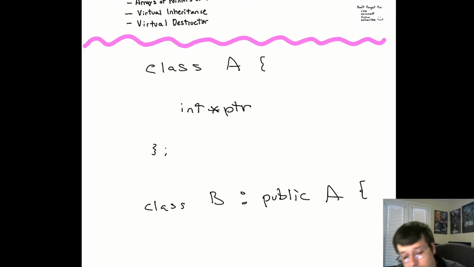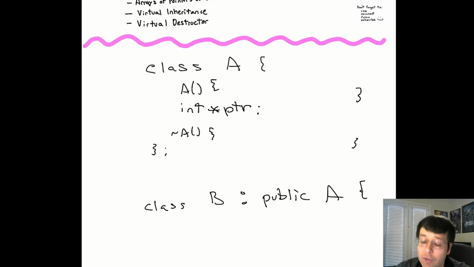So you have a pointer here, and then a constructor that's going to allocate memory for that pointer, and then the destructor that's going to deallocate. Why? Because that's the best place to do it. The constructor runs when the object gets created, so that's the best place to start reserving your memory. And then the destructor runs when the object goes out of scope or when you call delete on the object pointer. So if I say delete A, it calls the destructor.